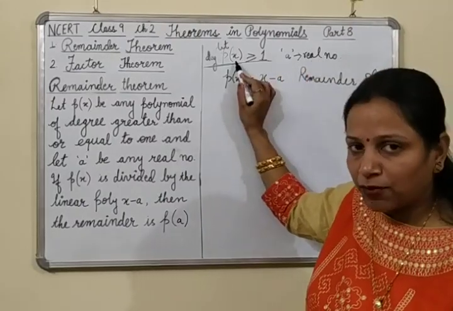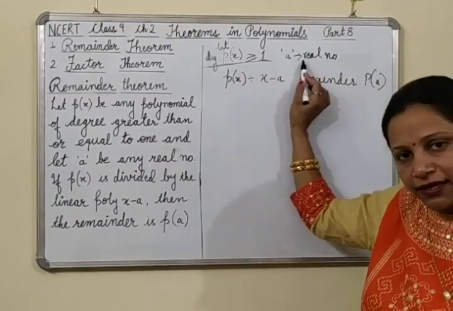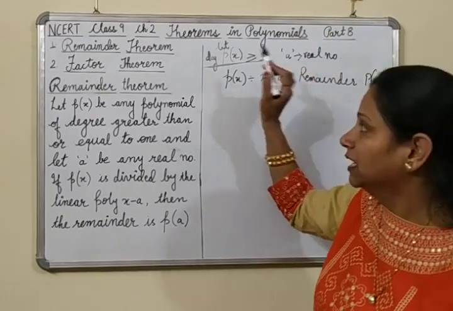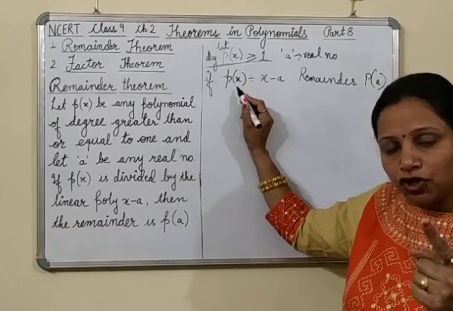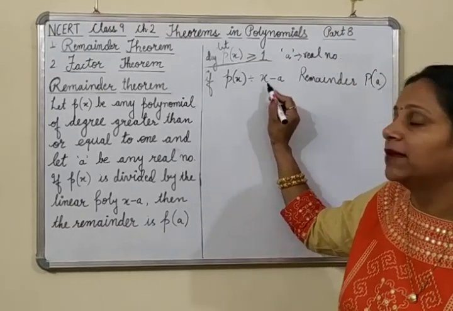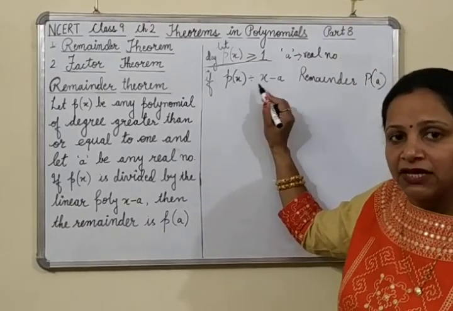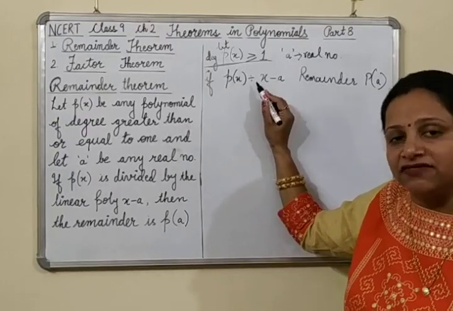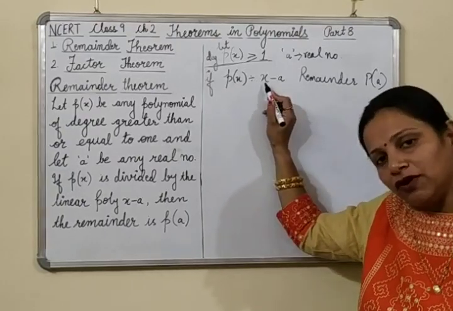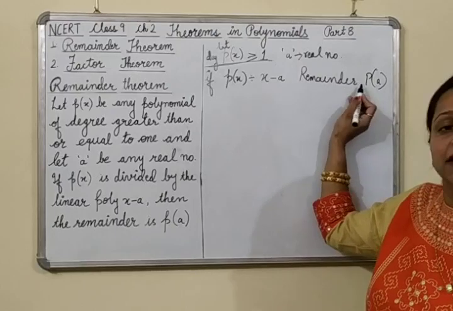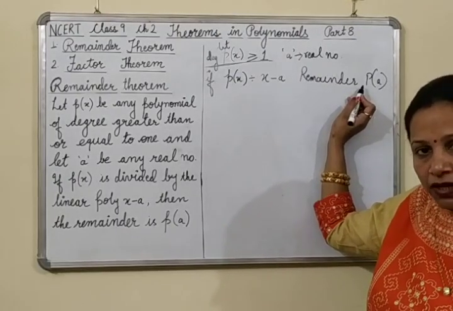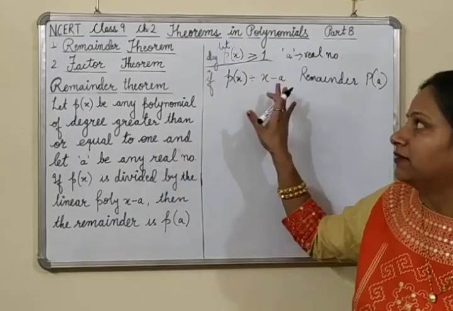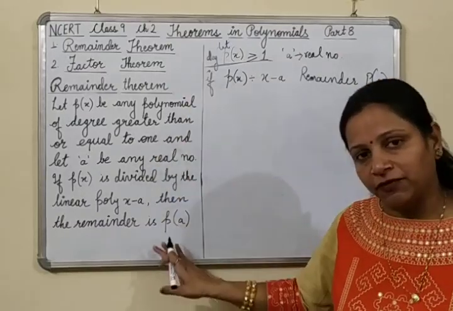Once let P(x) be any polynomial and let a be any real number. Then if your this P(x), the polynomial that you have taken, is divided by x minus a, if this polynomial is divided by any linear polynomial, then the remainder is P(a). Okay, I hope from here you can write the statement.